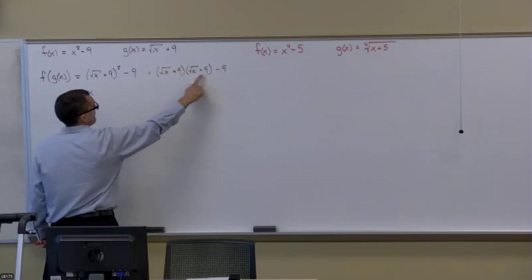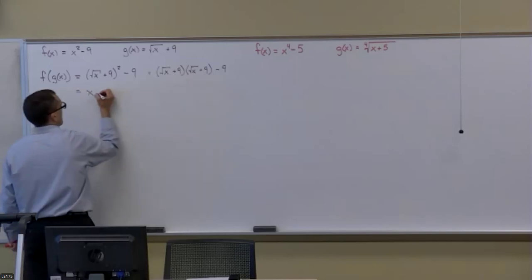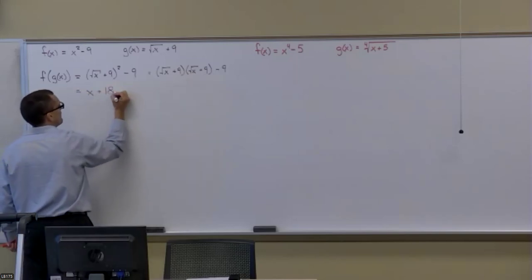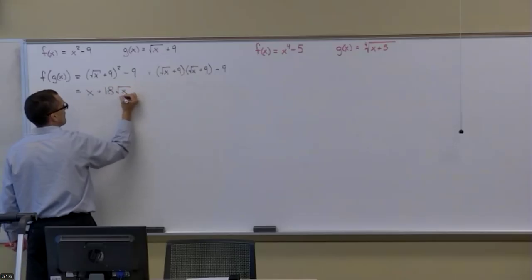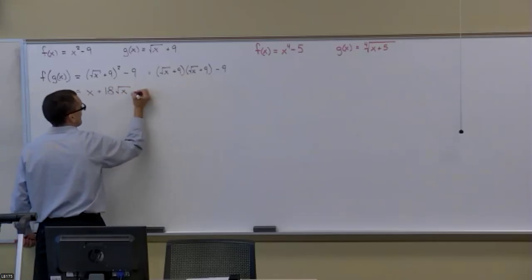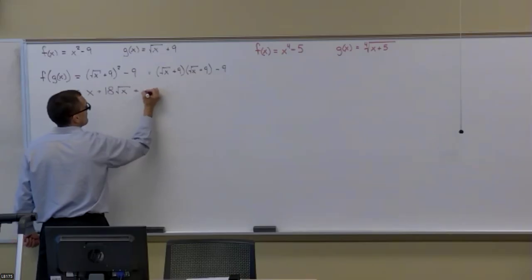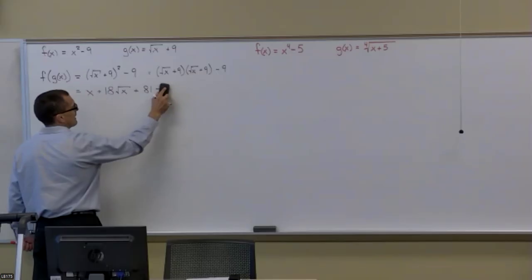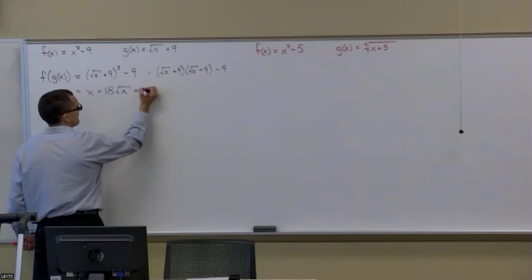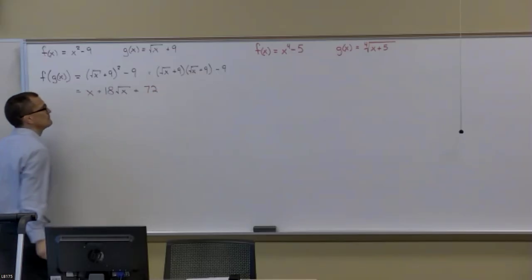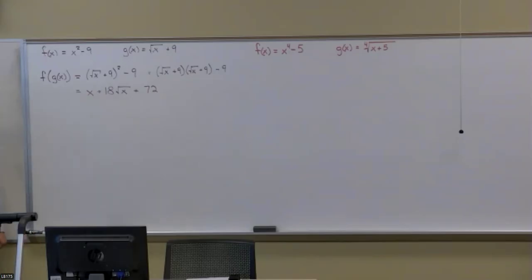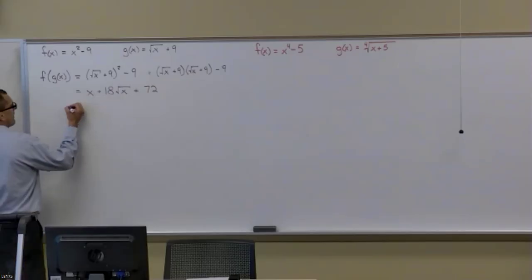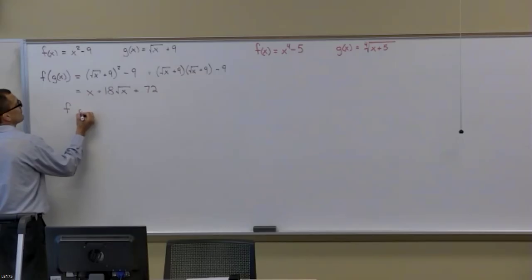And then I get square root of x times 9, another square root of x times 9, I get 18 square root of x's. Then 9 times 9 would be 81. Minus 9, and if I wanted to, 81 minus 9 is 72. Obviously not x, right? So, f and g are not inverses.